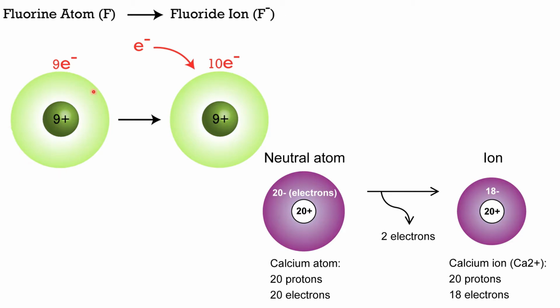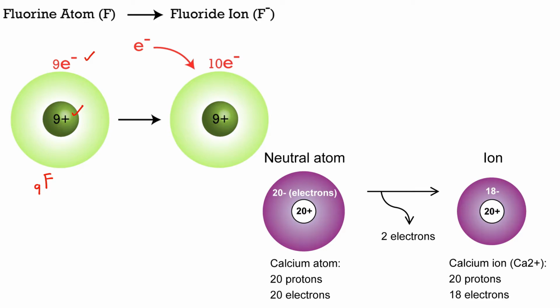So this is a neutral fluorine atom. In a neutral fluorine atom, it has 9 protons, and for a neutral atom, the number of electrons equals the number of protons.